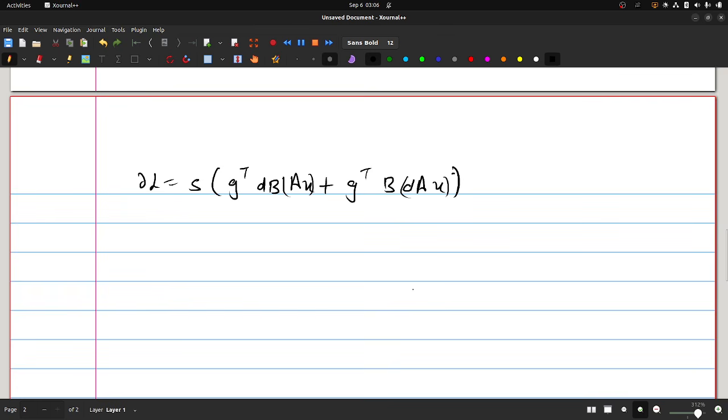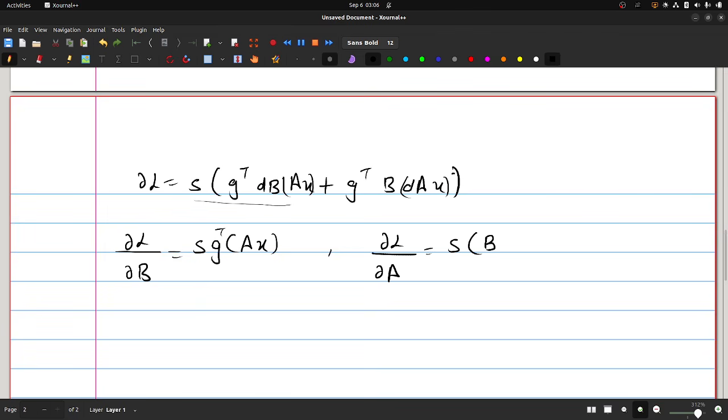Since only A and B are our parameters, the rate of change of loss with respect to B will be this term: dL by dB is equal to S G times AX, and dL by dA is equal to S B transpose G times X transpose.